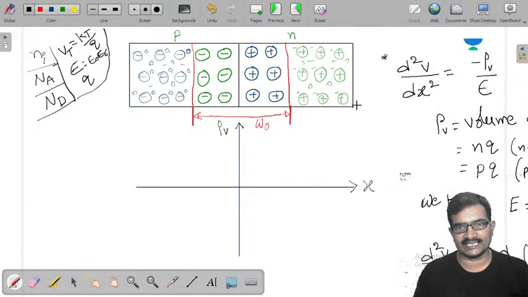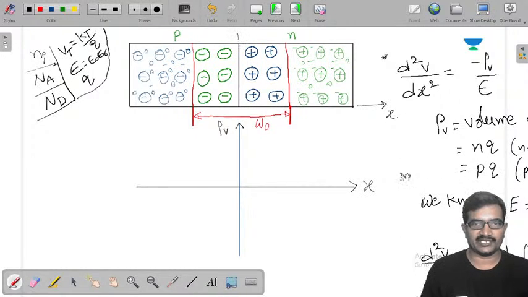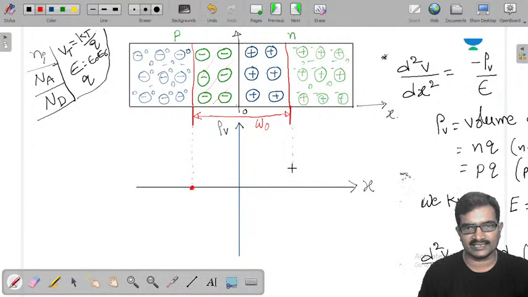Let us take this as the x-axis. This is the junction on the y-axis, so this is 0. The total depletion width is xp naught plus xn naught. This is the extension of the depletion region on the p side, and I am taking this point as minus xp naught. And this is the n side, which I am taking as xn naught.